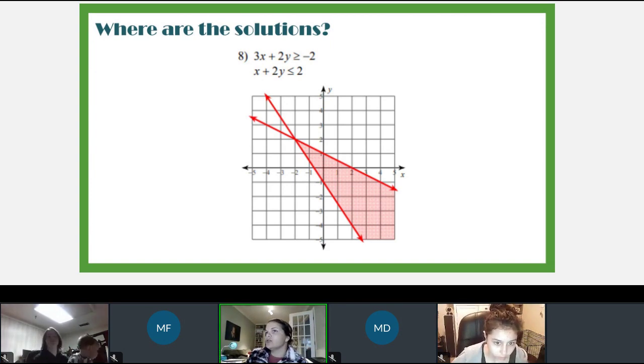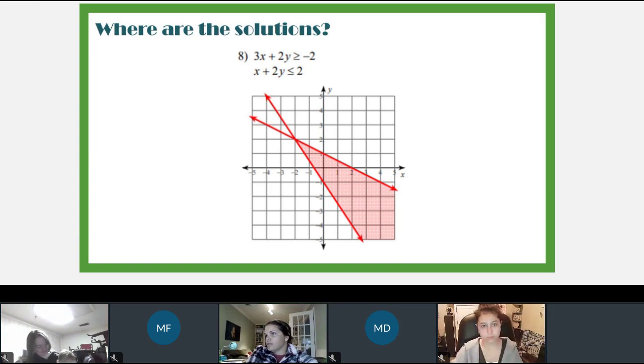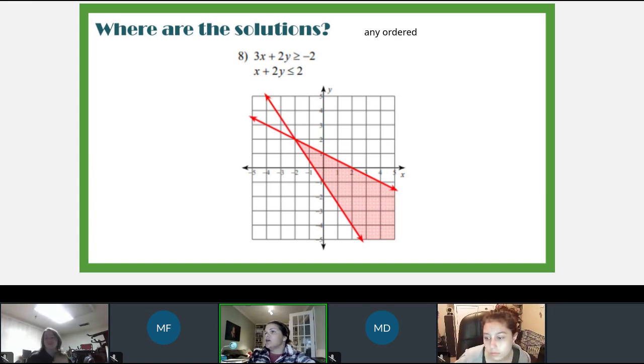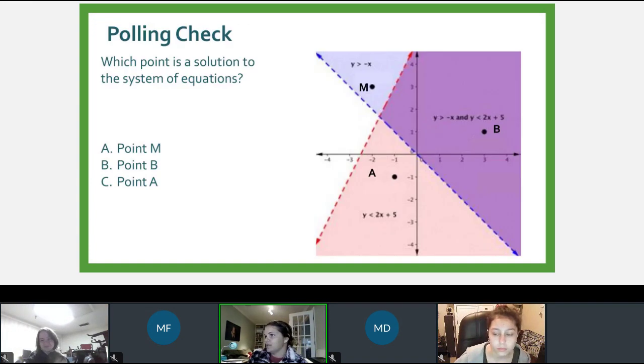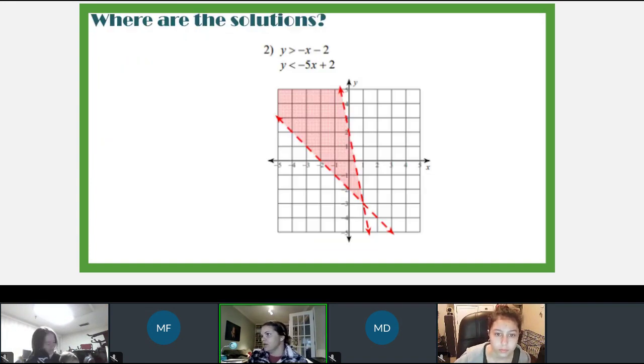The solutions to a system of inequalities are any ordered pairs in the shaded area. It's not just the shaded area for one, it's the shaded area that overlaps. So let me show you what I mean by that.